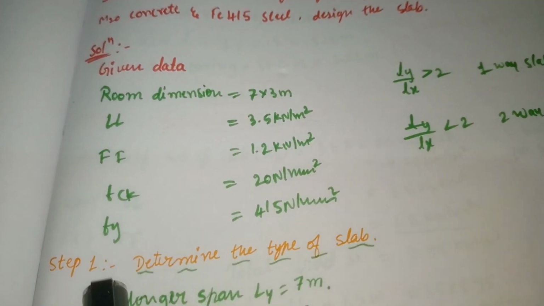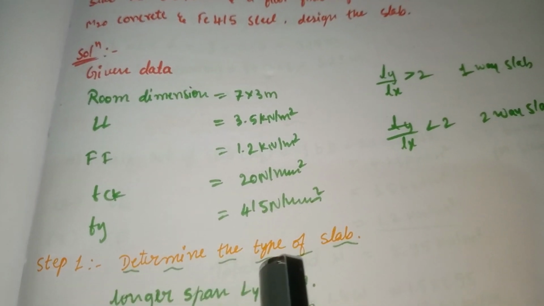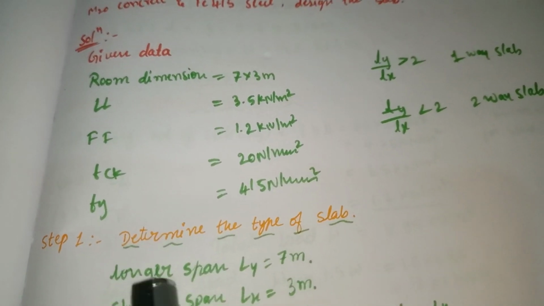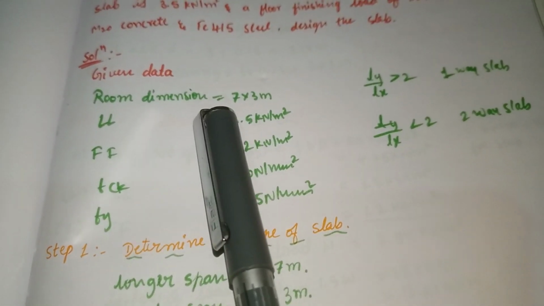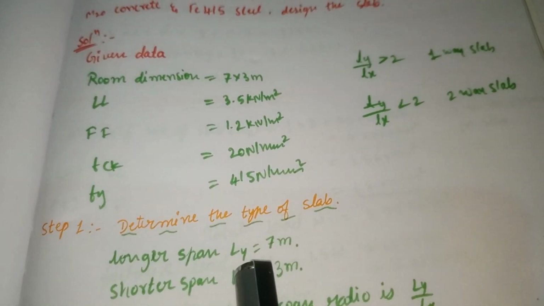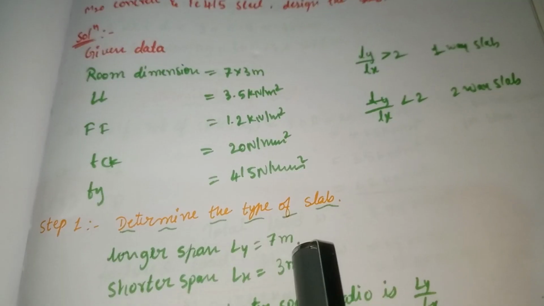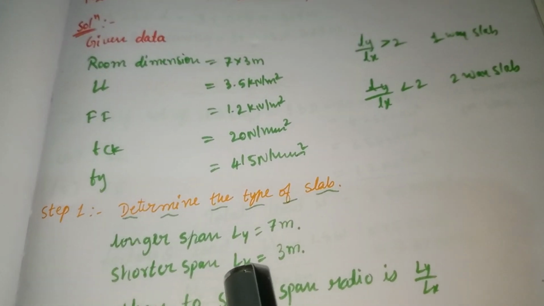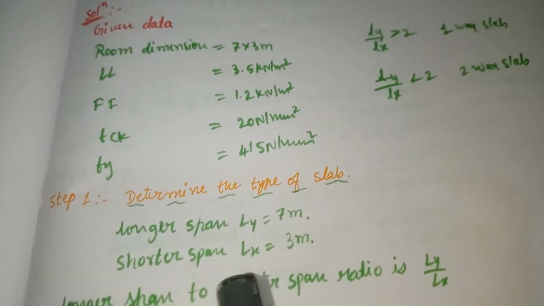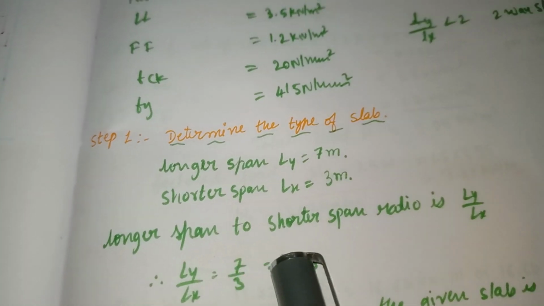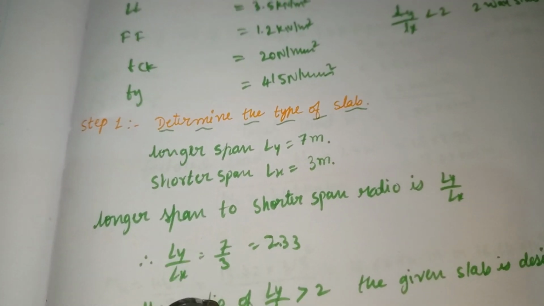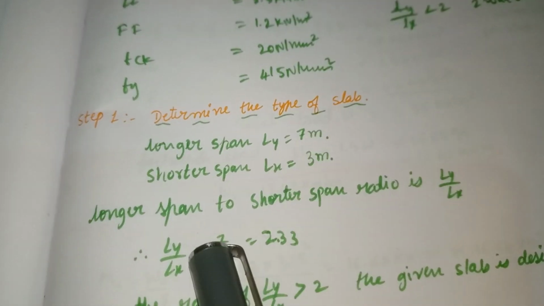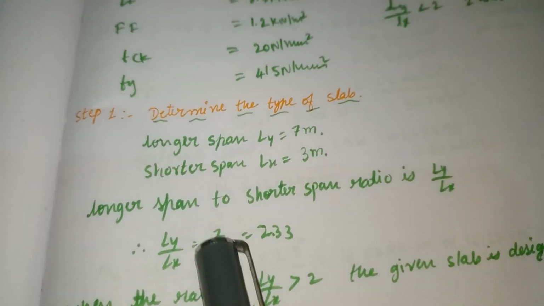So for that, step 1 is to determine the type of the slab. Ly is called the longer span. The longer dimension is taken as Ly, that is the longer span, 7 meter, and the shorter span Lx is 3 meter. Longer span to shorter span ratio is Ly by Lx. So Ly is 7 meter, Lx is 3 meters. Substitute all the values.